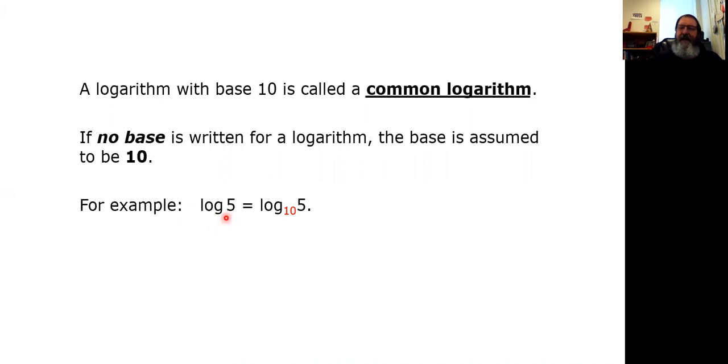Anytime that happens, if there is no base written, you can assume that it is base 10 and that it's a common log. So instead of writing log base 10 of 5, we just write the log of 5. You can see how that would begin to save us some time, and if you had to write a lot of common logs, that would be real nice, okay?